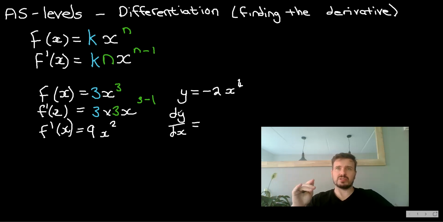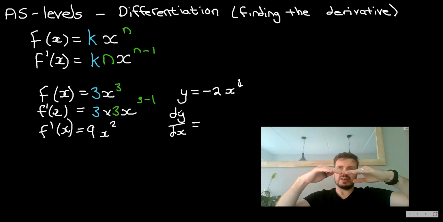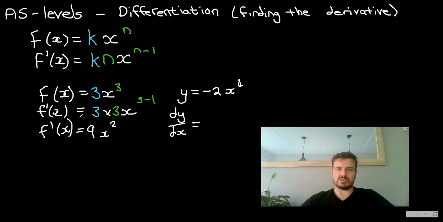In other words, the amount that y changes over the amount that x changes, sometimes called rise over run, gives you the slope. So 4 times minus 2 is minus 8, and then we take 1 off the 4 to get 3. Okay, so 4 minus 1 is 3.